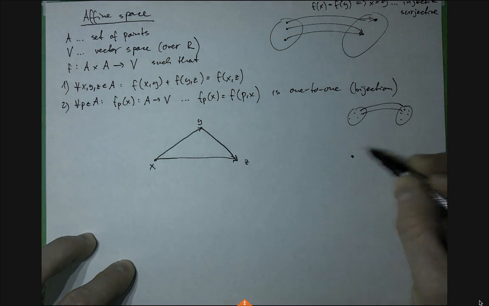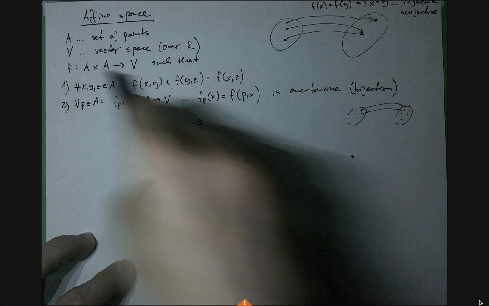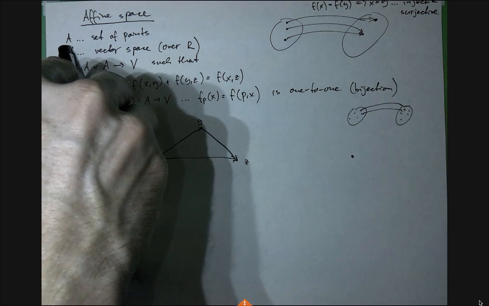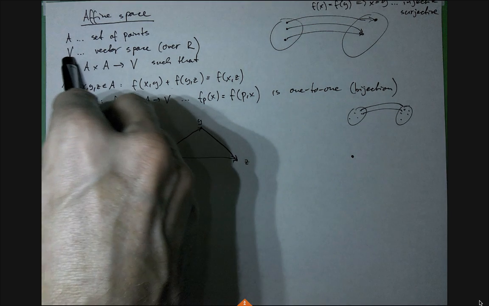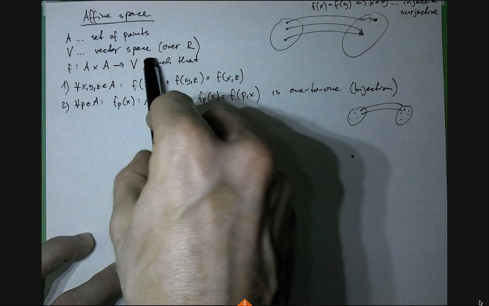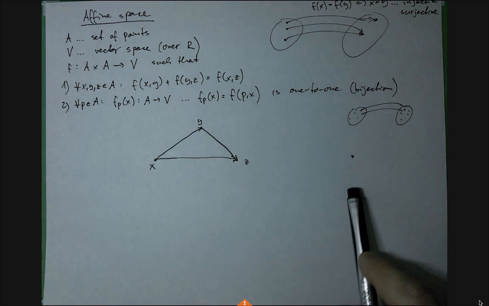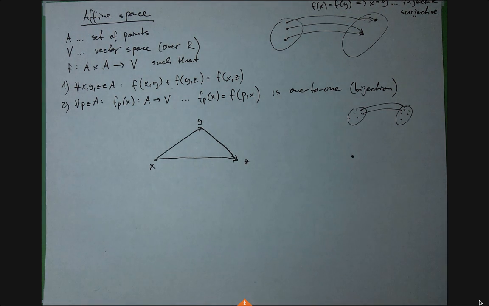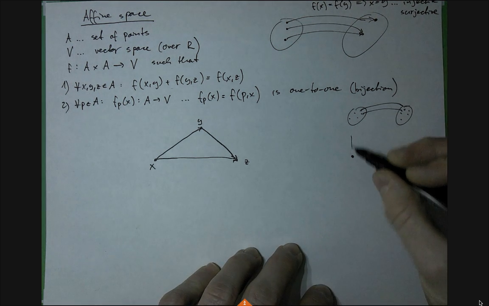So if you imagine that this plane is my set A, a 2D affine space, right? You can also have affine spaces of any dimension. By the way, this vector space can have an arbitrary dimension. The affine space will have the same dimension. I'm not going to formalize that because that would be too much. So what you were asking about is I can place my coordinate system basically anywhere.